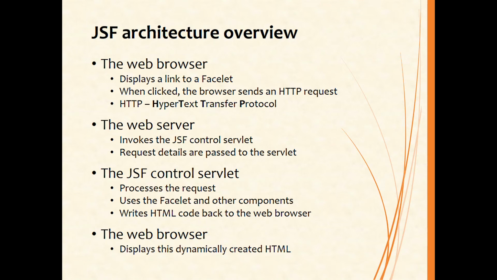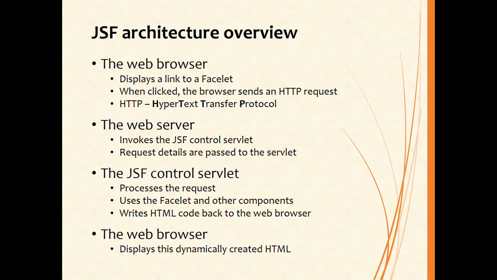The web server will receive that request, and because it's a request for a JavaServer Faces page, it will forward the request to the JSF control servlet. That control servlet will then process the request in, at the moment, some kind of magical way. And what we will do over the course of this module is to demystify that magic.